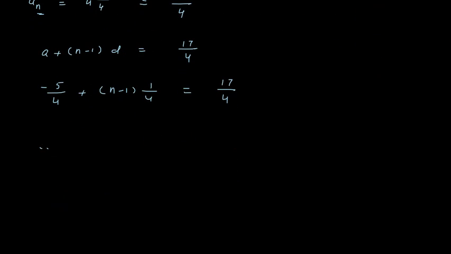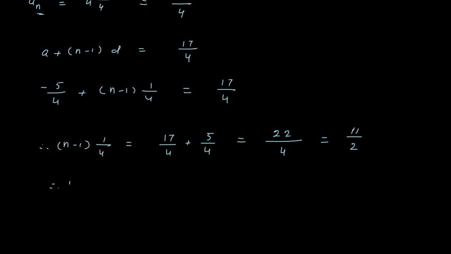So here we will say that (n minus 1) into 1 divided by 4 is equal to 17 divided by 4 plus 5 divided by 4. So 17 plus 5, 22, 22 divided by 4. So 22 divided by 4 is 11 divided by 2.